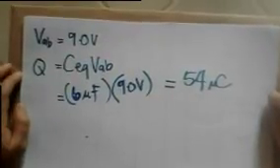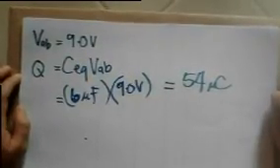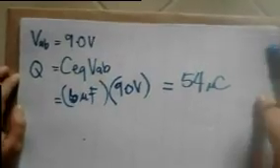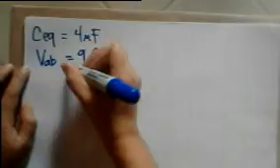Now we have to find the voltage across and the individual charge on each of the capacitors. For the 12 microfarad and 6 microfarad capacitors in series, their C equivalent is equal to 4 microfarad. And we have our voltage V sub AB equals 9.0 volts.